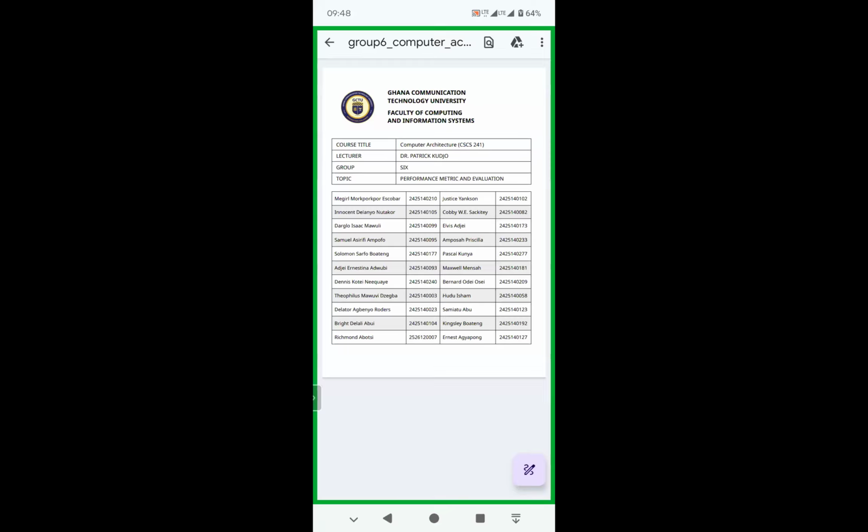Richmond Abochi, Justice Youngson, Kobe Sakite, Present. Elvis Ajay, Amponsa Prisla, Pascal Cunha, Maxwell Mensah, Bernard Osei, Present. Udu Isham, Samiatu Abu, Present. Kingsley Boatin, and Ernest Ajapon.